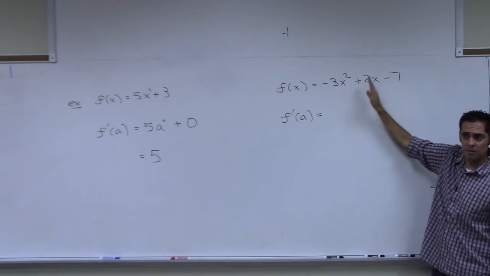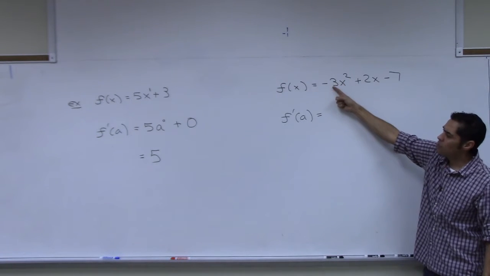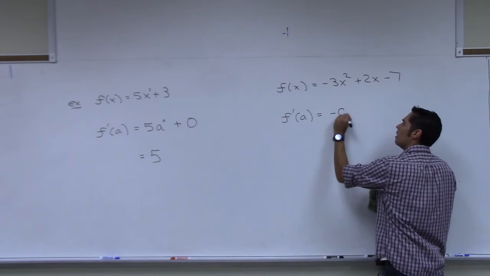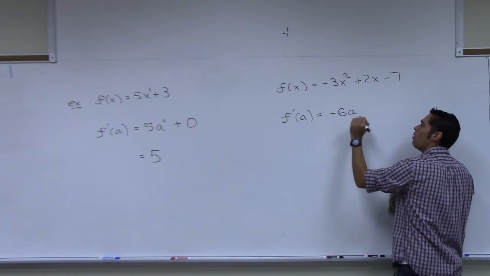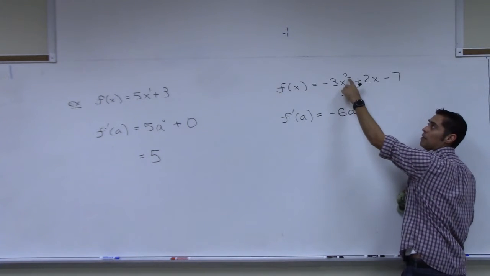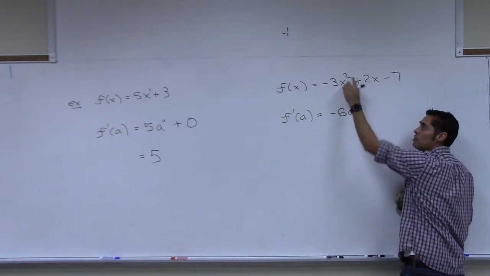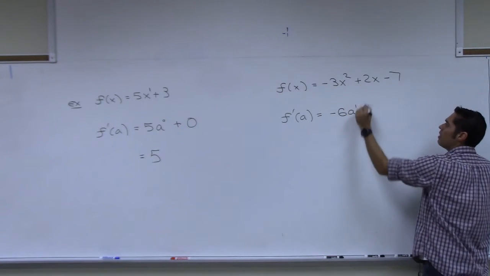I'm going to bring this power out front. 2 comes out front. 2 times negative 3 is negative 6. Now I'm using a, not x. So a to what power? No, be careful. I'm subtracting 1 from this. So just a to the first power. Make sense? Okay. Over here I do plus.